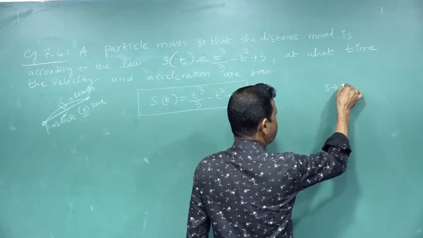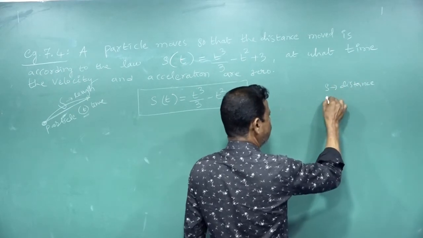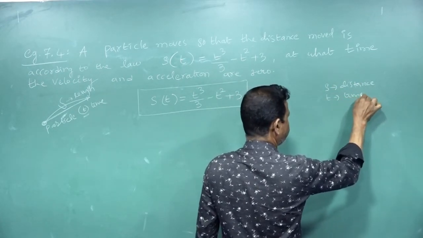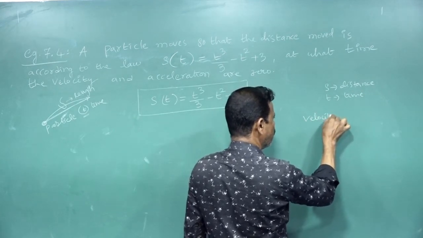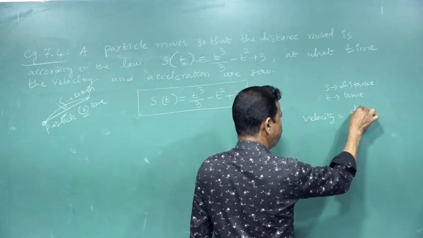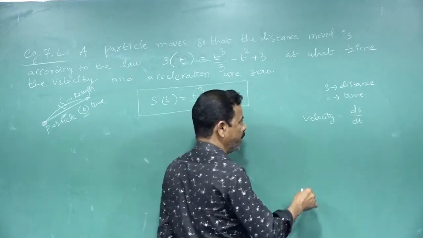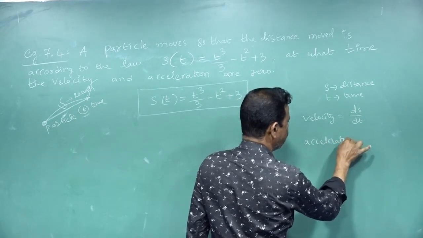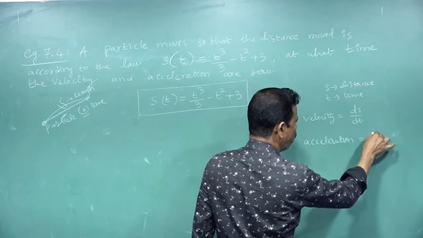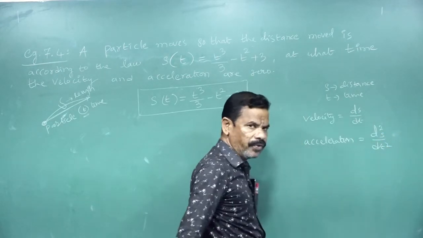Suppose s is the distance and t is the time, then velocity is ds by dt. And acceleration is equal to d square s by dt square. So the double derivative gives acceleration.